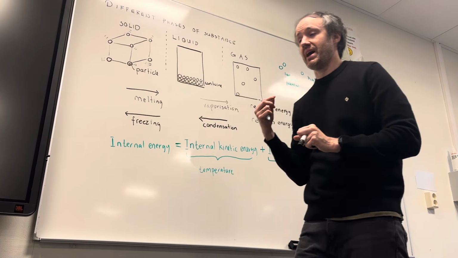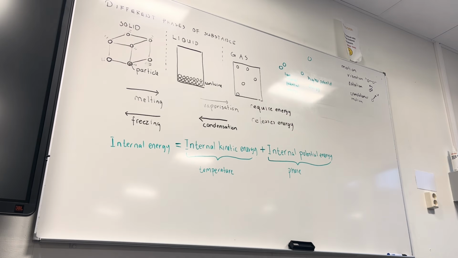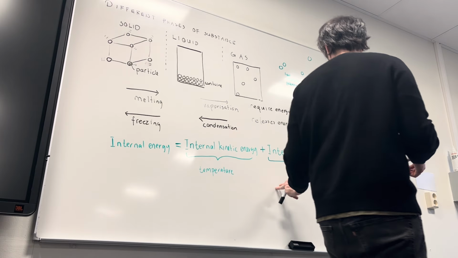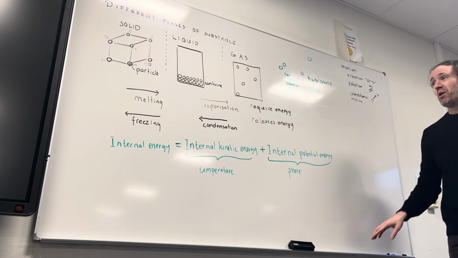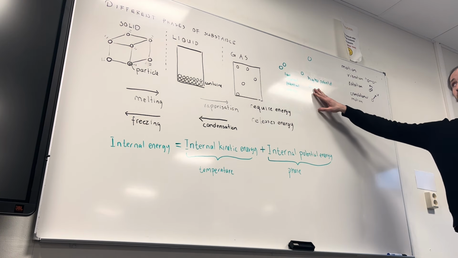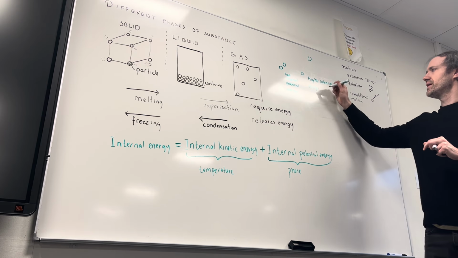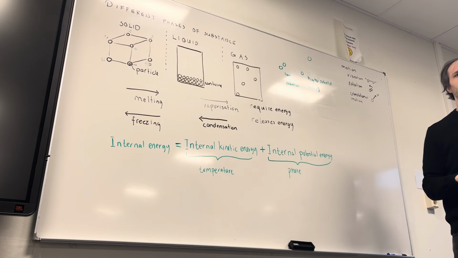So remember that. We don't just have energy due to its temperature, we have energy due to its phase. But we're not going to use formulas for it, we're just going to have to know how it works.